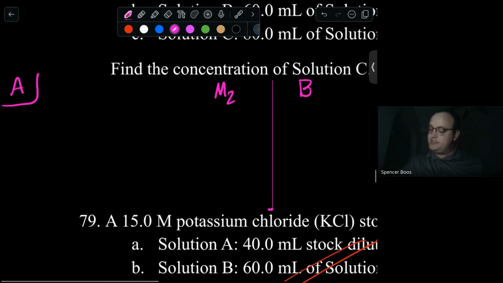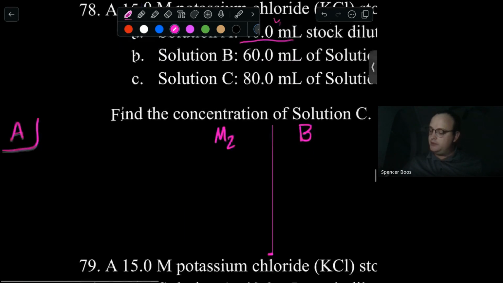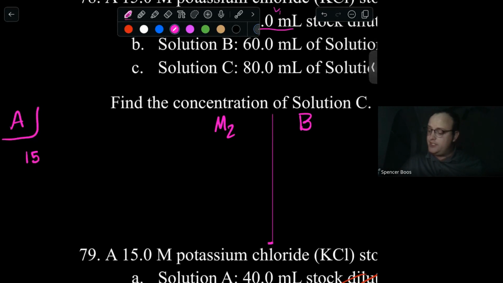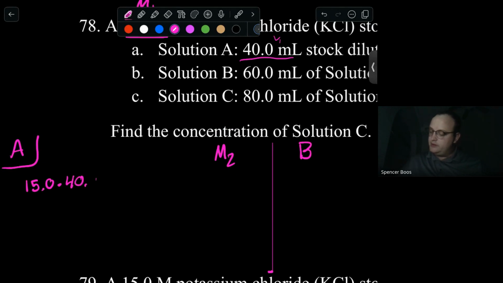So we've got a 15 molar M1, so 15.0 times 40 milliliters. Don't forget units in all of this.